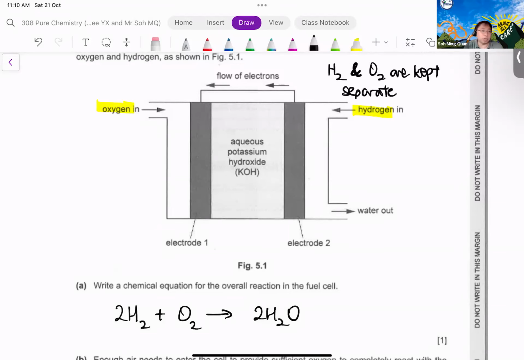Now, why is it so important to keep hydrogen and oxygen kept separately at different ends of the fuel cell? Why is this even important, right? So now I want you to write down the reasons.